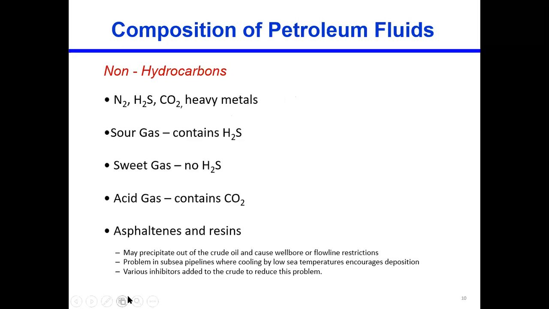As long as the gas reservoir has H2S, we call it a sour gas. And if it has no H2S, it's a sweet gas, meaning it has no toxic acid gases and so on. Acid gas, as you see here, contains CO2 also. So CO2 and H2S are not desired. We don't want them. They are useless. And on the other side, they are an environmental and health hazard. They have lots of environmental and health hazards, and we don't want them actually.